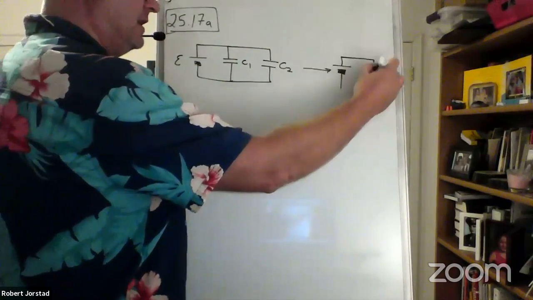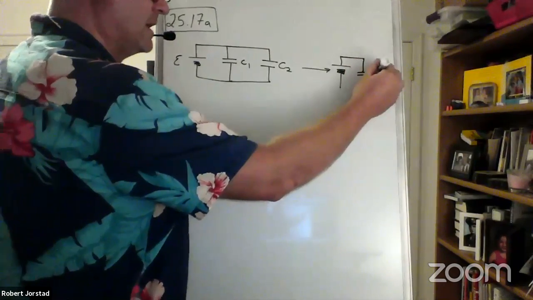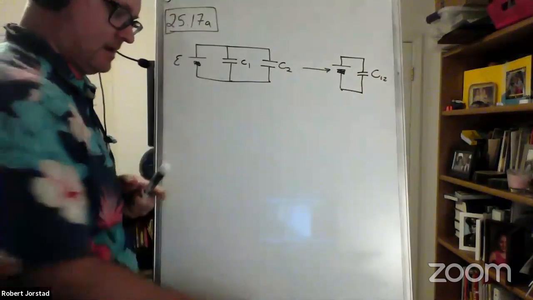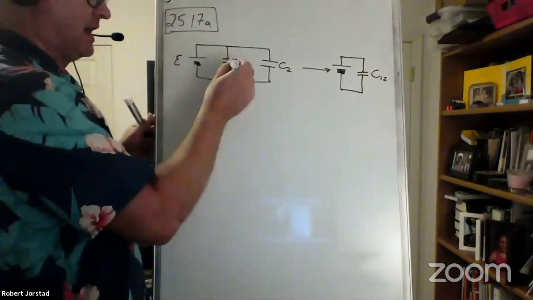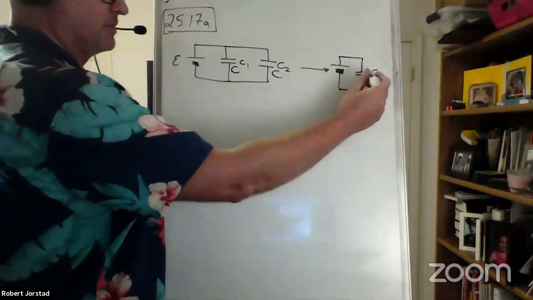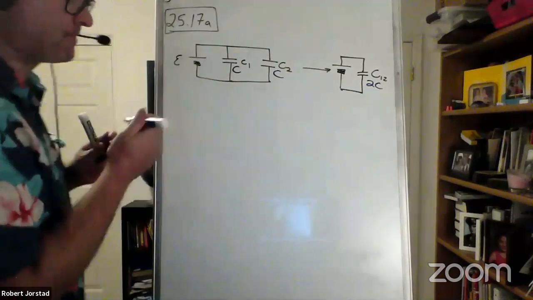Because they're in parallel, we know that this one has capacitance C and this one has capacitance C. When you put them in parallel, it should be 2C, because in parallel, the areas add up.